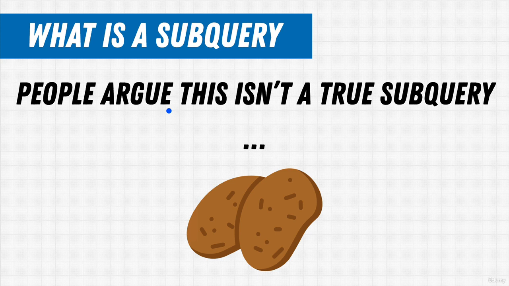And to that I say, potato, potato, which is an English way of saying, hey, it doesn't really matter. Why argue these types of semantics? If it's a query inside of a query, it is a subquery. And let's not dilute our learning process with these semantics that overcomplicate things, specifically the ones that are rooted in people's opinions.